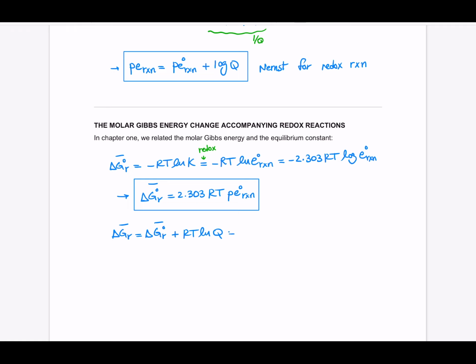And now we can replace it by 2.303 RT PE0 of reaction from just what we had now, and then 2.303 RT log Q, just converting ln to log.